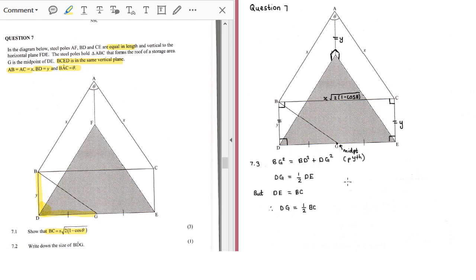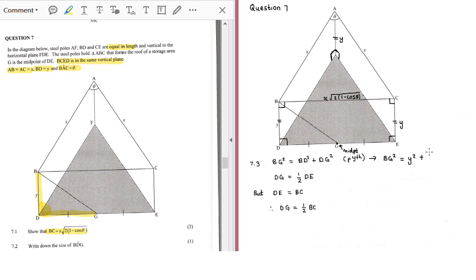Alright, so now putting all of these substitutions together, going from this equation, we now have that BG squared is going to be equal to BD squared. BD was given to us as Y, so that's Y squared plus DG squared.